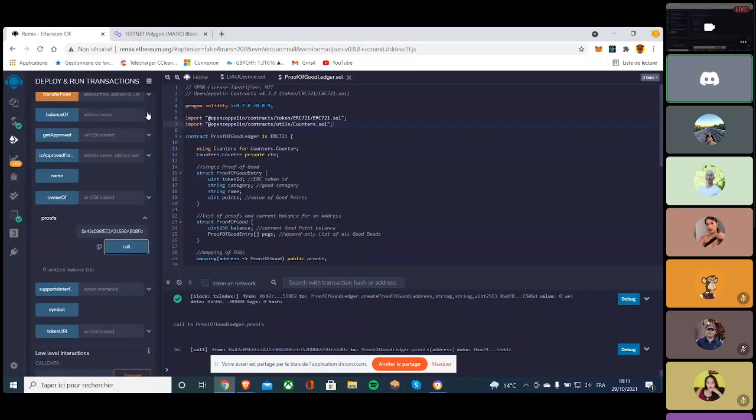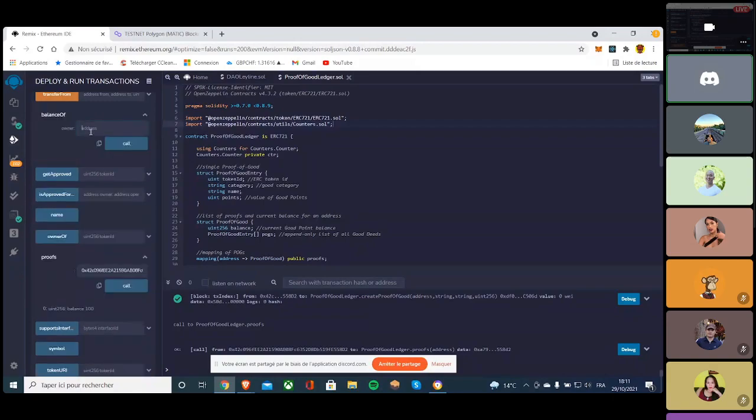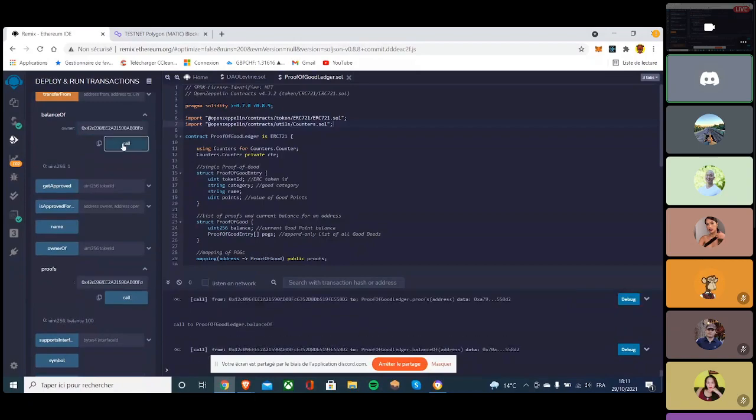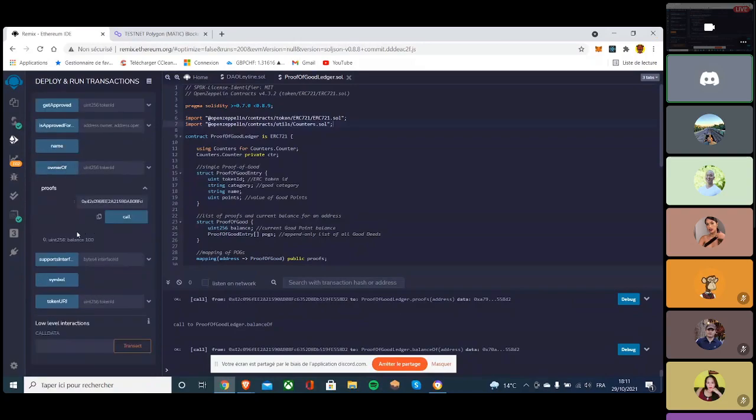And when you go to balance of, you put the address of the owner. And here you see 1, because that's the number of good deeds you did. So far I did only 1 good deed, so that's why it's 1. And here is the amount I have.